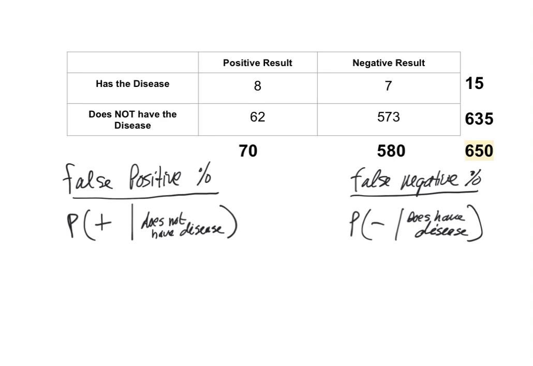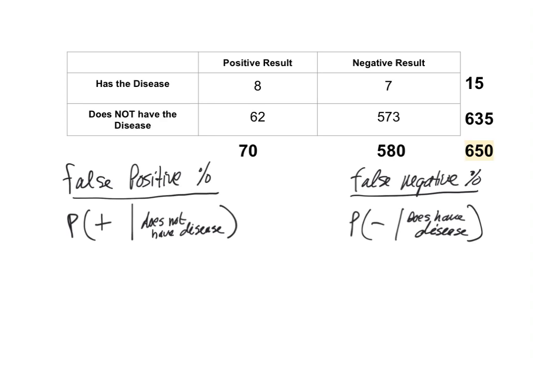We also want to be able to calculate what's known as the false positive rate or percent and the false negative rate or percent. You could also calculate it as a probability, where somebody coming in with the disease tests negative, or somebody coming in without the disease tests positive.